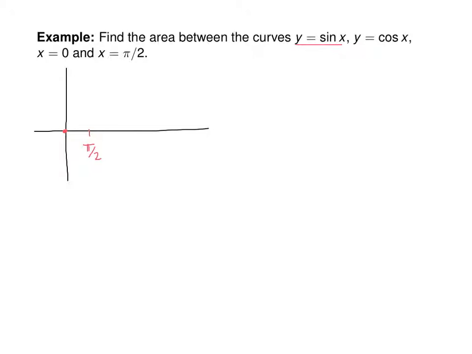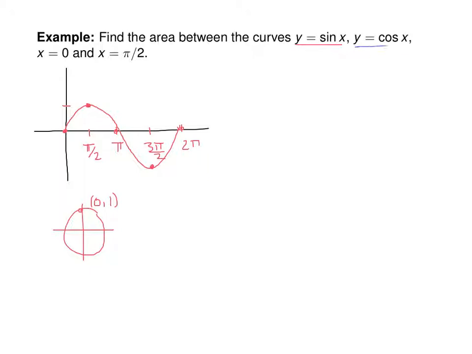At pi halves, remember your unit circle here, the ordered pair there is (0, 1), so sine is 1. By pi, sine is back down to 0. At 3 pi over 2, the sine is negative 1. And by 2 pi, we're back to 0. So here's my sine curve.